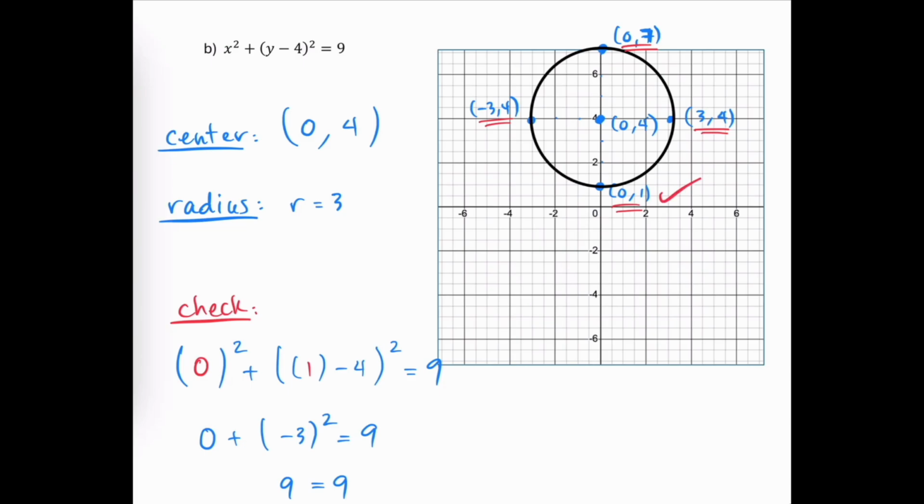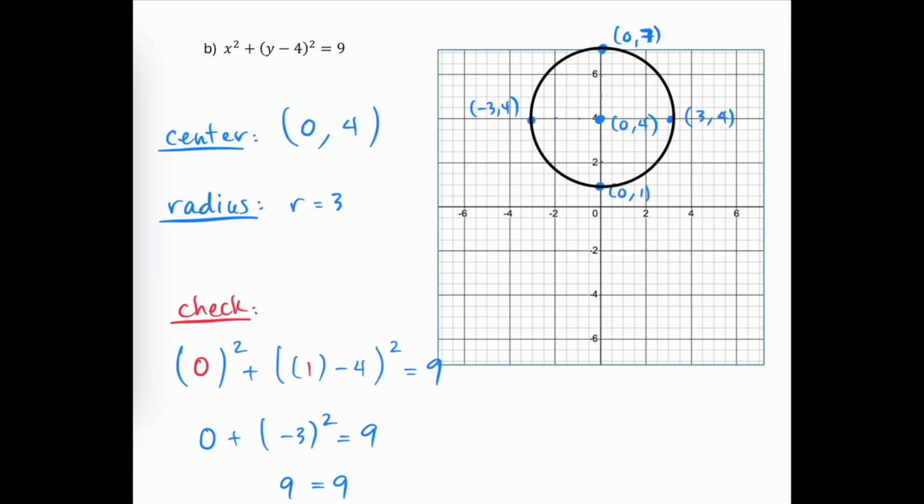which tells us that this ordered pair is actually an ordered pair solution to the original equation, and therefore it's a point on the graph. Now, we could do that for all 4 of the ordered pairs around the outside, but we could not check the center point into the original equation. The center point is not an ordered pair solution to the original equation.